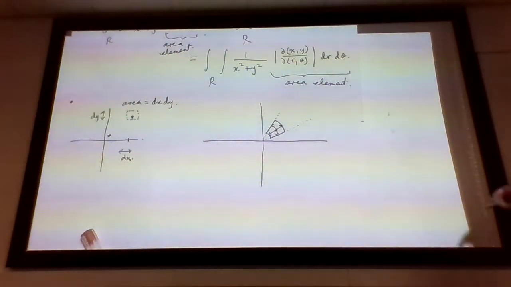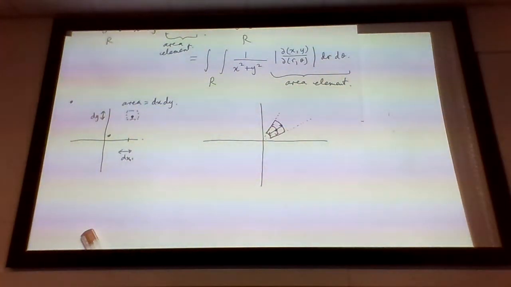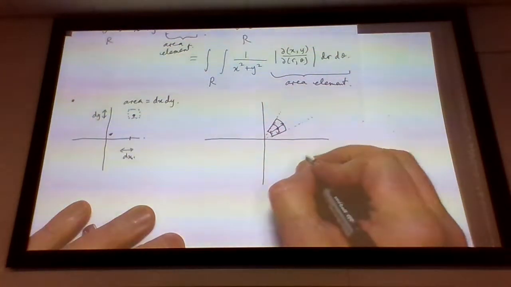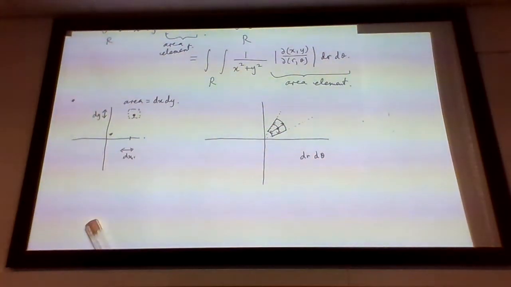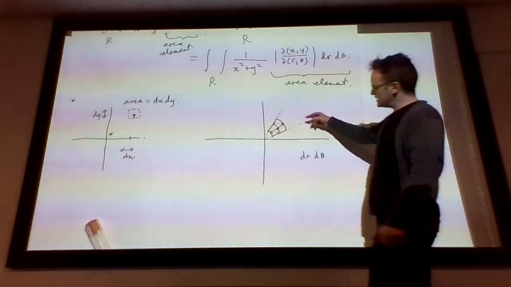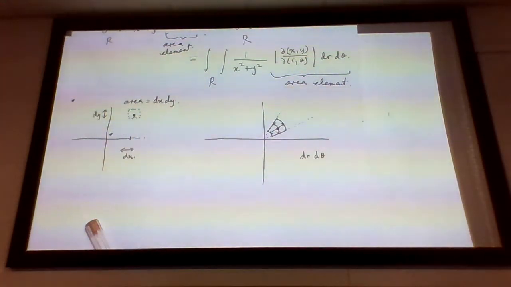Now, that area of possible points that you get by varying r and varying theta, well, if we're this close to the origin, we get a certain range of values.